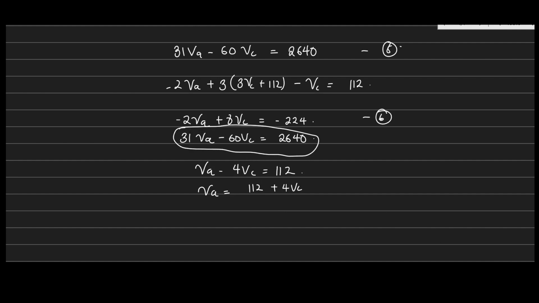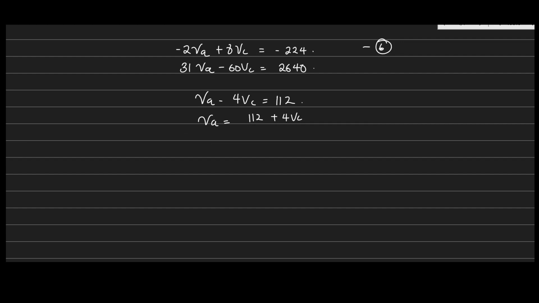And then I'll substitute this in the other equation so that I can remain with VC alone. I'm just using the substitution method here. In place of VA, I'll put 112 plus 4VC minus 60VC equal to 2640, right? Okay, so let us simplify.